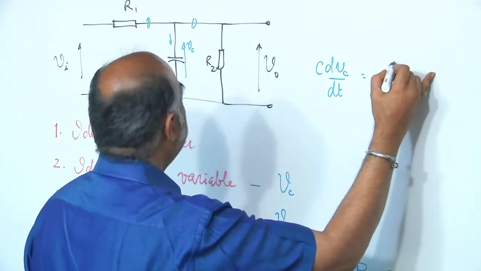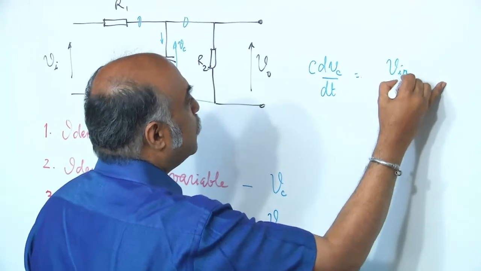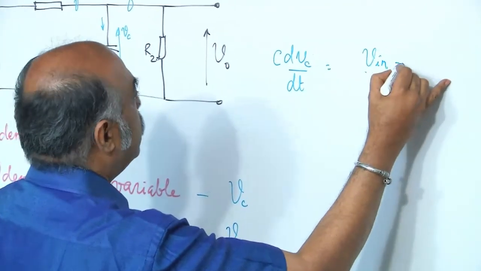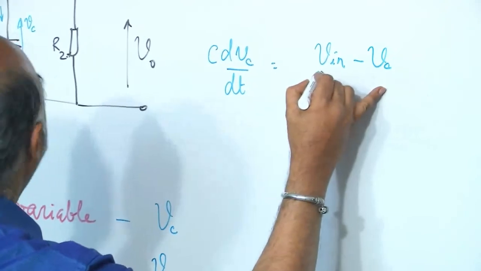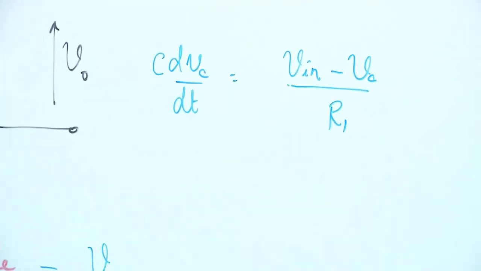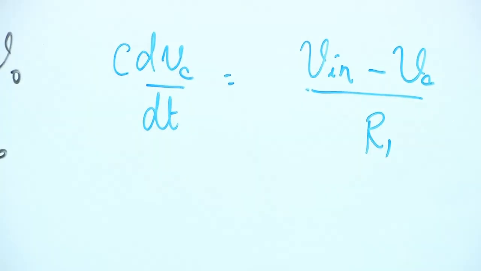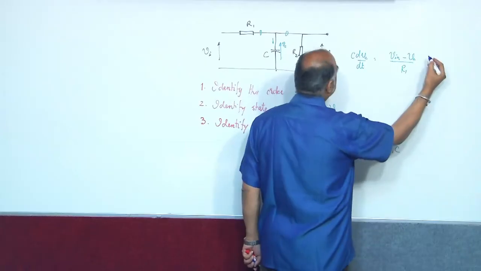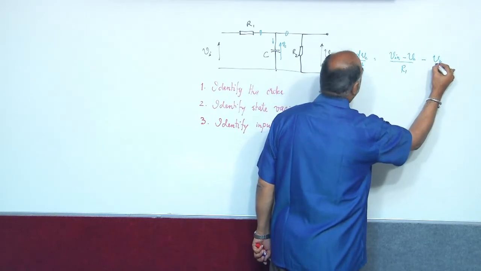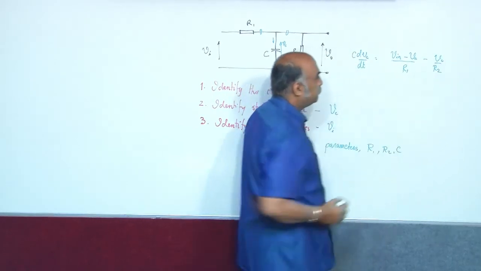That is equal to (Vin minus Vc) by R1, which is the current entering the node. The current leaving the node on the other side is Vc by R2.